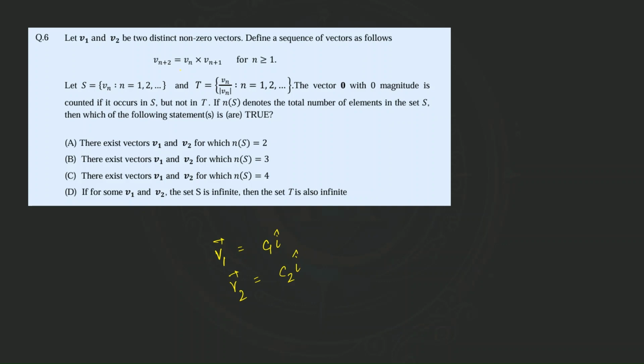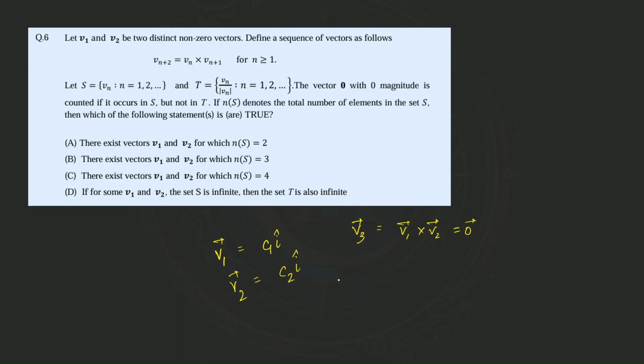If we generate v3 by the relation provided in the question statement, v3 will be v1 cross v2. So v1 cross v2 will give us 0, right? So v3 is the null vector.